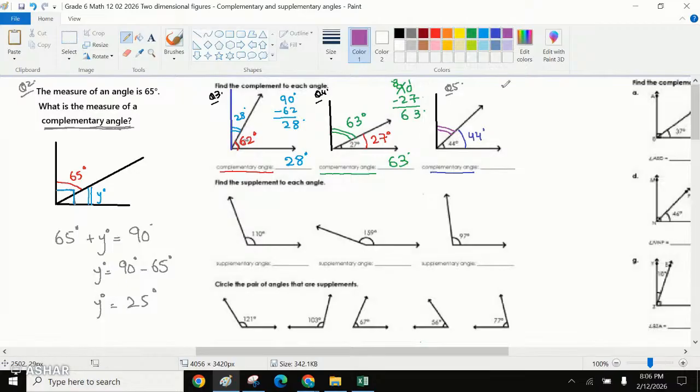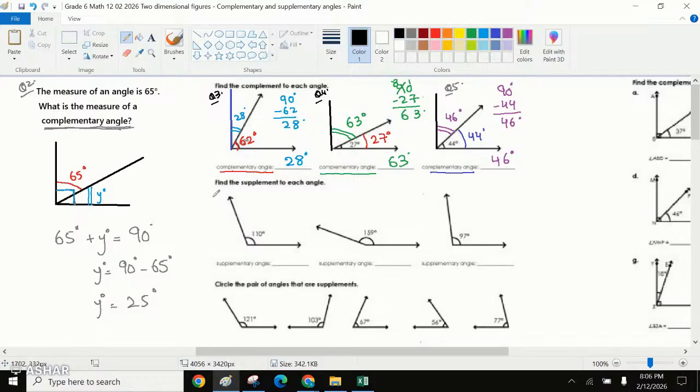So we can say 90 minus 44. 90 minus 40 is 50. 50 minus 4 would be 46. That means the complementary angle for this diagram comes out to be 46. Agreed? Okay, perfect.